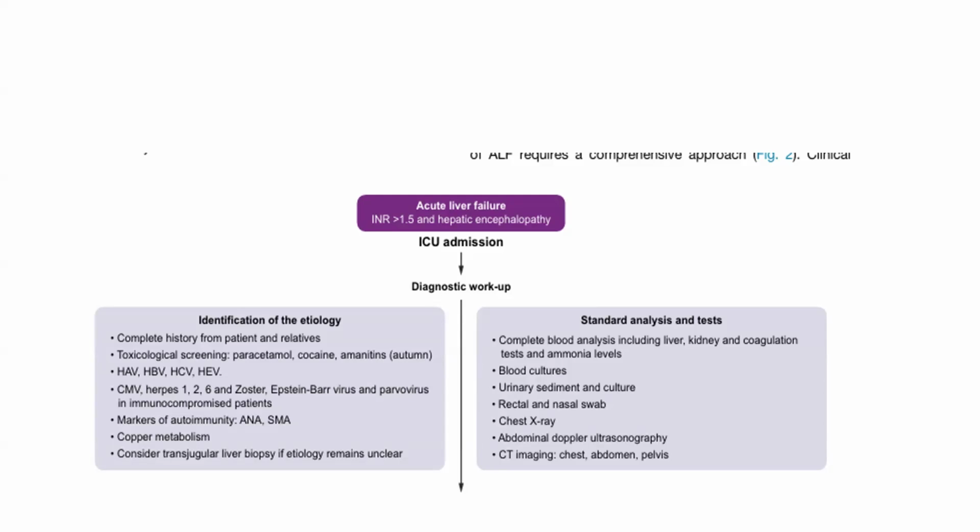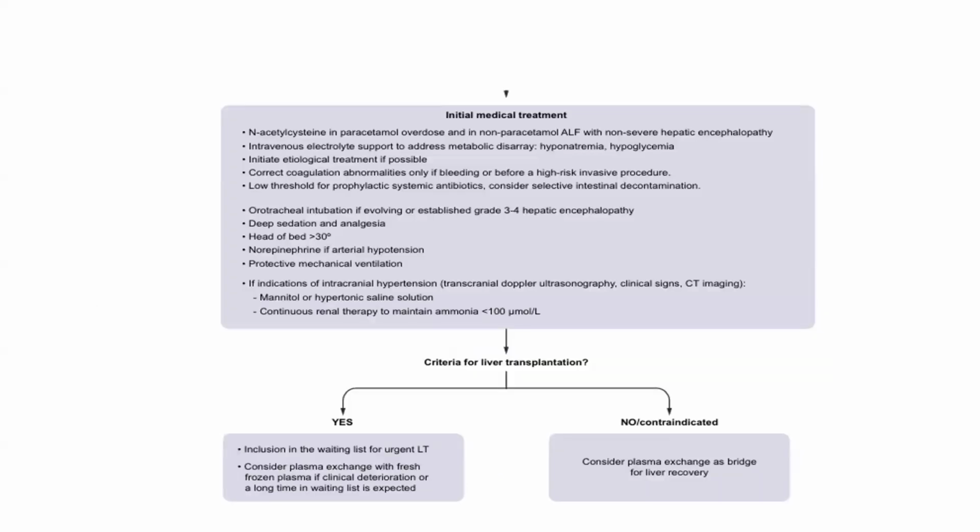Consider transjugular liver biopsy if etiology remains unclear. Then standard analysis and tests include CBC, liver, kidney and coagulation tests, ammonia level, blood culture, urine culture, rectal swab, nasal swab, chest X-ray, abdominal color ultrasound, and CT imaging of chest, abdomen, and pelvis.